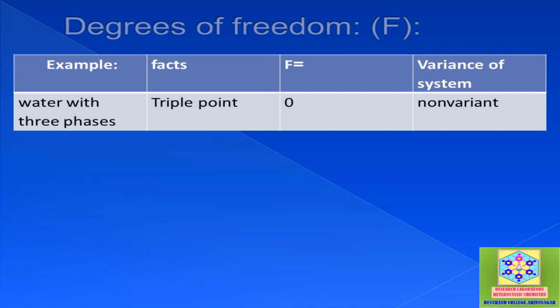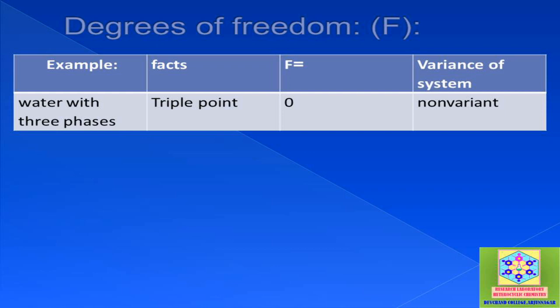A very peculiar example is that of water with three phases: ice, liquid water and vapors, all three existing together. This is the point called the triple point.